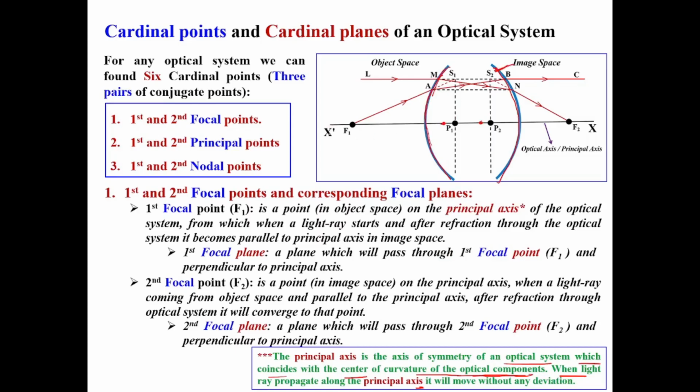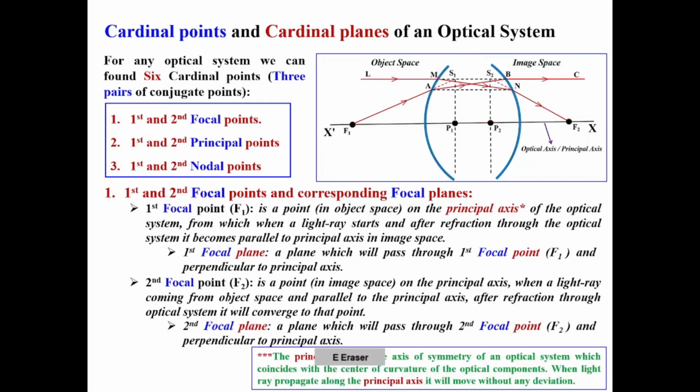So x dash, the principal axis, is the axis that passes in such a way that it gives symmetry of the optical system. This half and this half have to be equal, and it also has to pass through the centers of curvature.